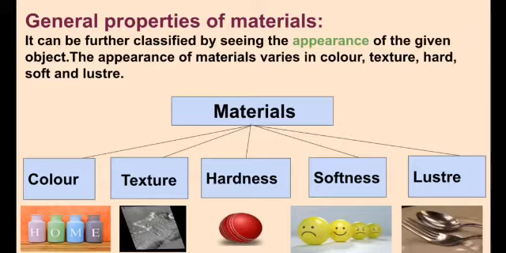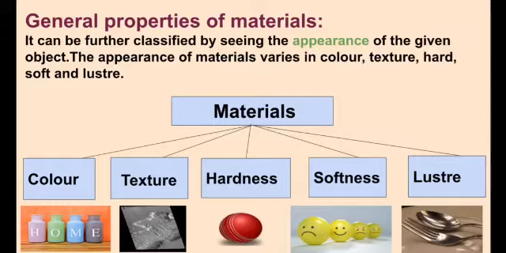The appearance of material varies in color, texture, hard, soft and luster. So we can differentiate any object with the help of many categories like color, texture, how it looks, whether it is hard or soft, and whether it has luster or not.